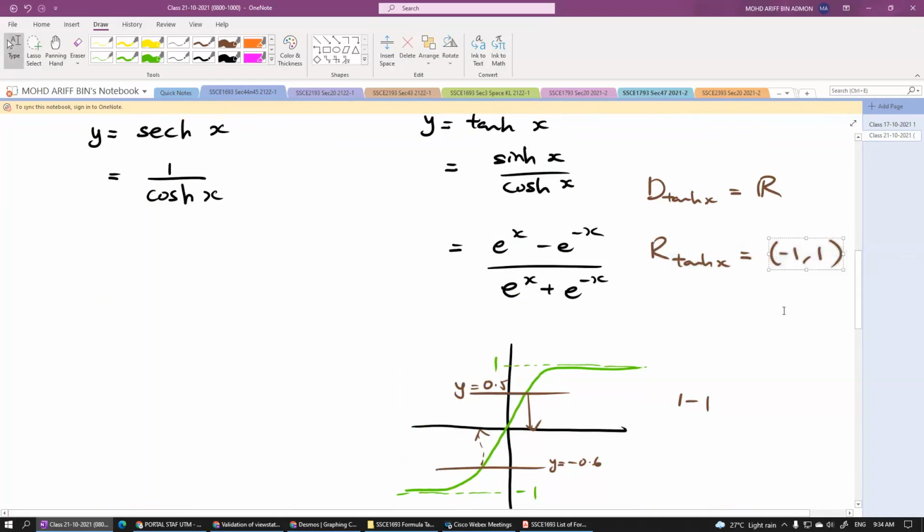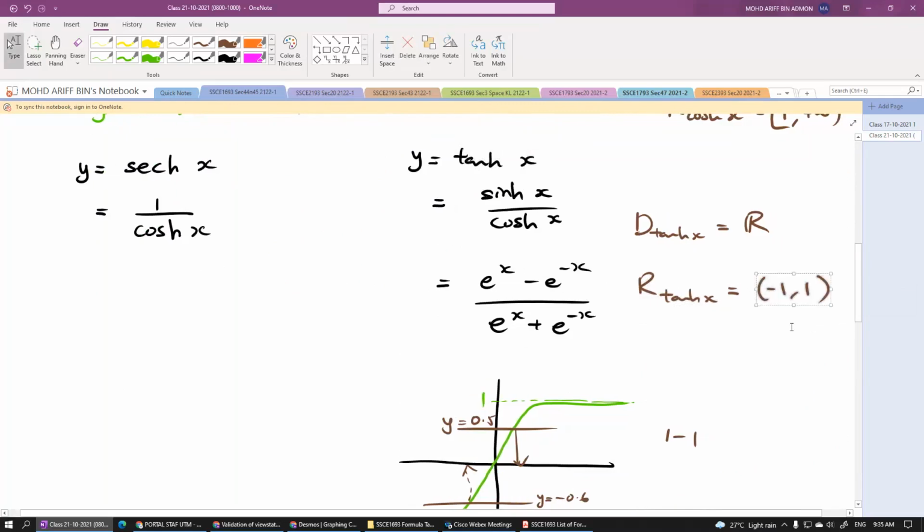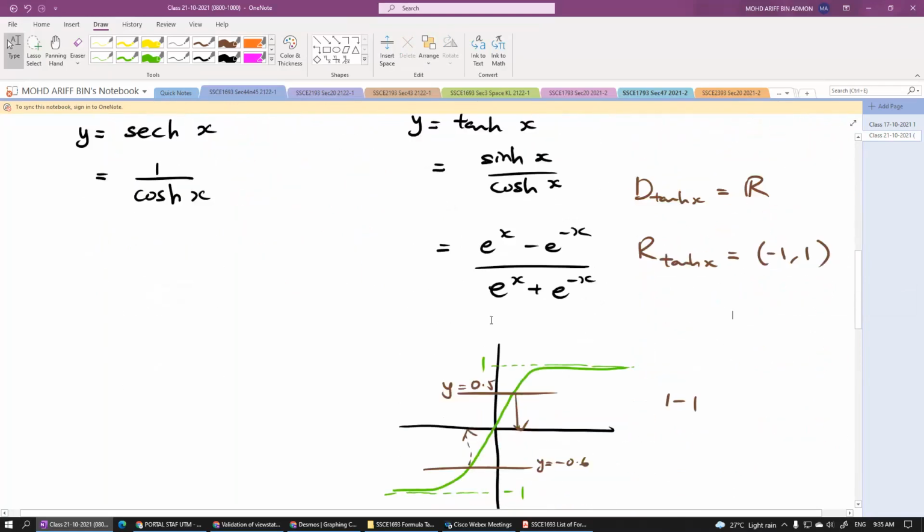In other words, if this is the original function without inverse, your range is this one. In the inverse function, the range becomes the domain of the inverse. So the values here will be the domain for inverse tangent hyperbolic. You may try this one.